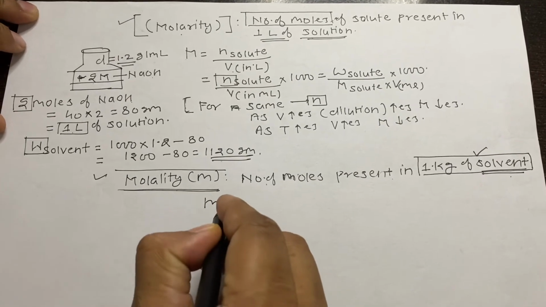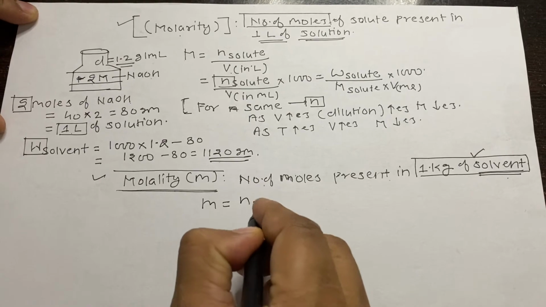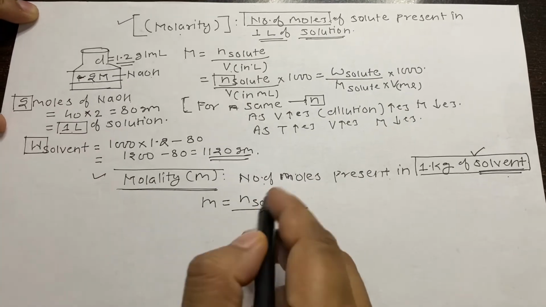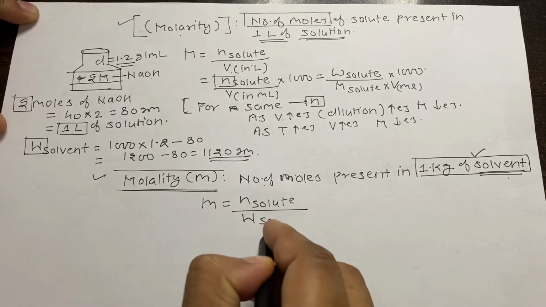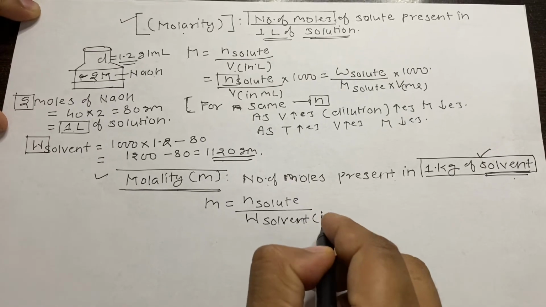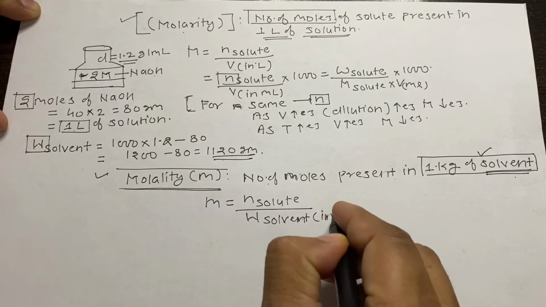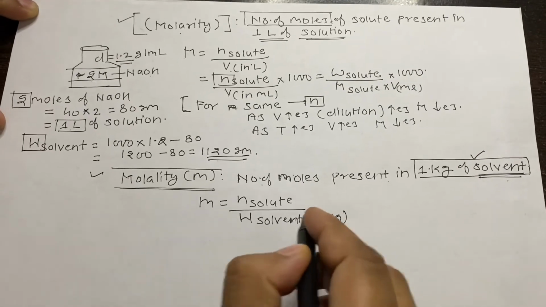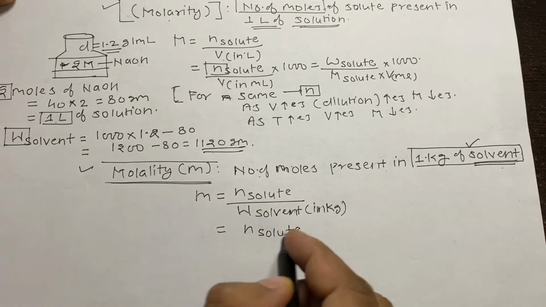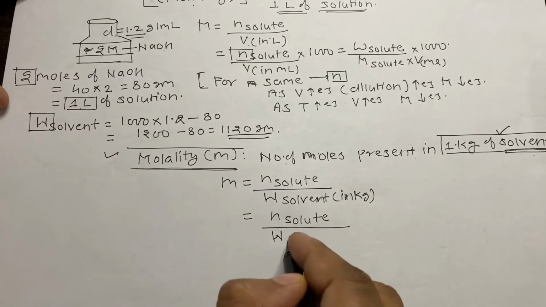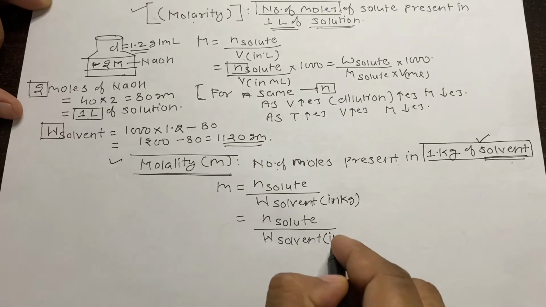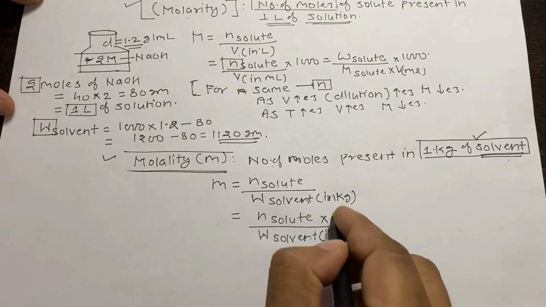It is to be noted that the moles present in 1 kg of solvent is called molality. So small m is equal to moles of solute divided by W solvent, taking W solvent in kg. That is moles of solute divided by mass of solvent in gram into 1000.